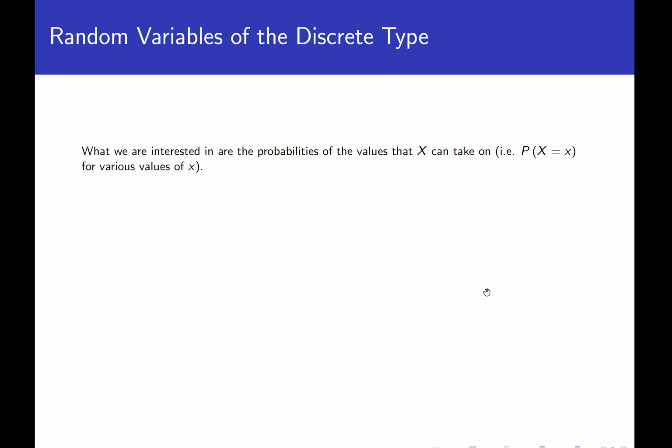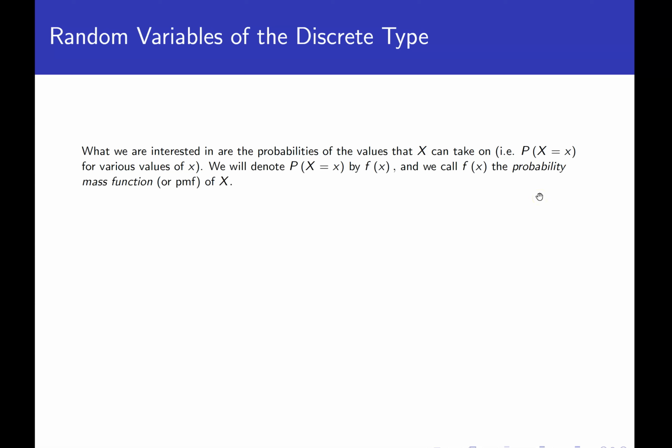All right, so what we're interested in, of course, is the probability of the values that X can take on. So what we mean here is the probability that capital X equals some little x. Remember, X refers to the variable. The little x here is going to be some specific value of the random variable. So we're interested in the probabilities that our random variable takes on a specific value, for various values of x.